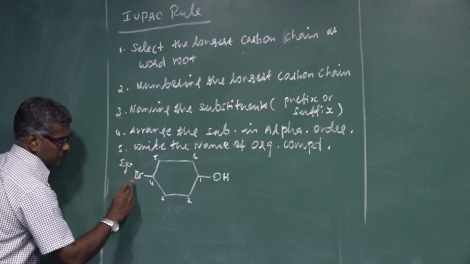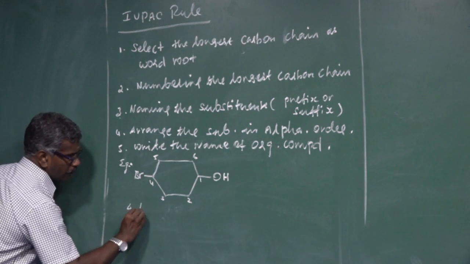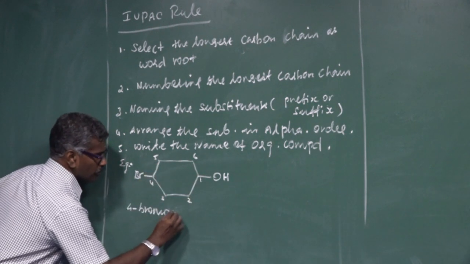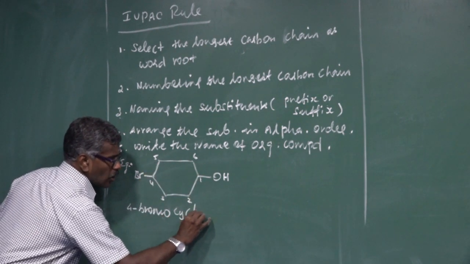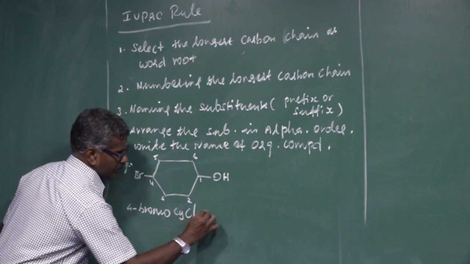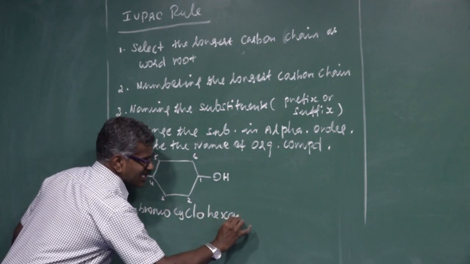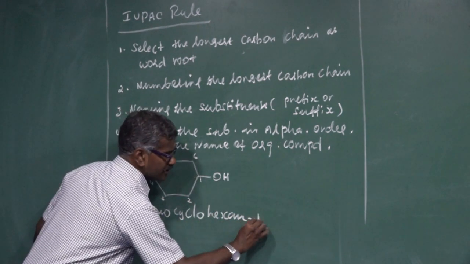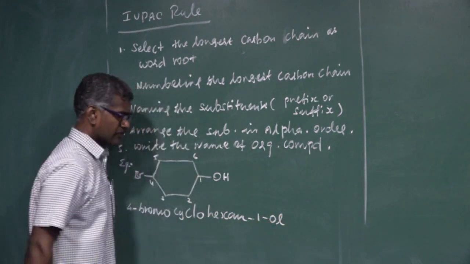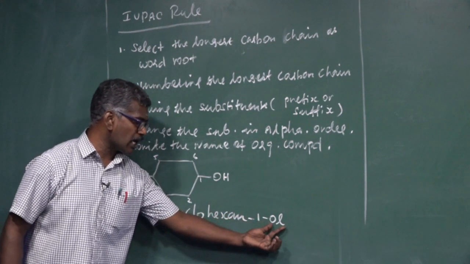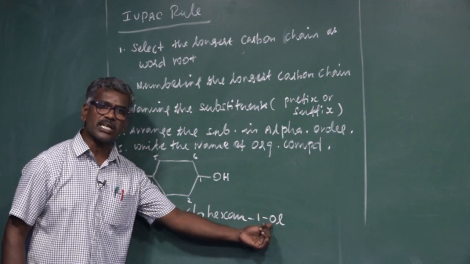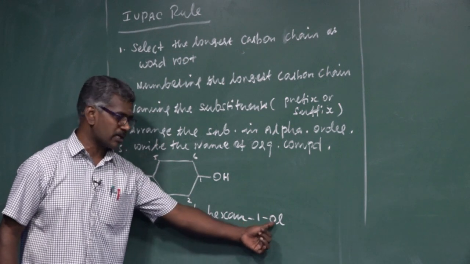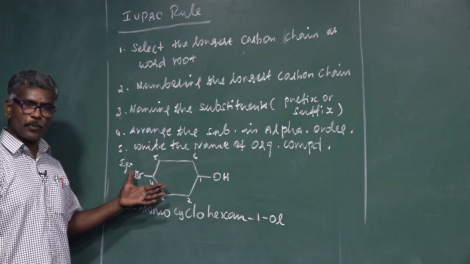At the fourth position there is a substituent, so 4 bromo. This one is a cyclic compound. Cyclo, totally 6 carbons, hexane. The OH group is attached to the first carbon, so this is called 1-ol. In alcohol, the suffix is OL. OL begins with a vowel letter, so in the alkane the terminal E is replaced by OL. These are the IUPAC names of the compounds.